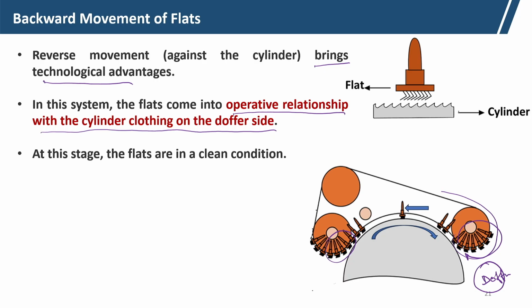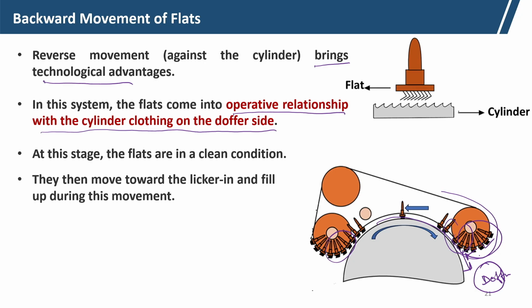At this stage, the flats are in the clean condition. So, what happens at the end, when the material is coming out? At that point we are getting a clean flat, which means the ultimate product will be better. Here the carding function will be very good, and that will improve the carding action. Okay.